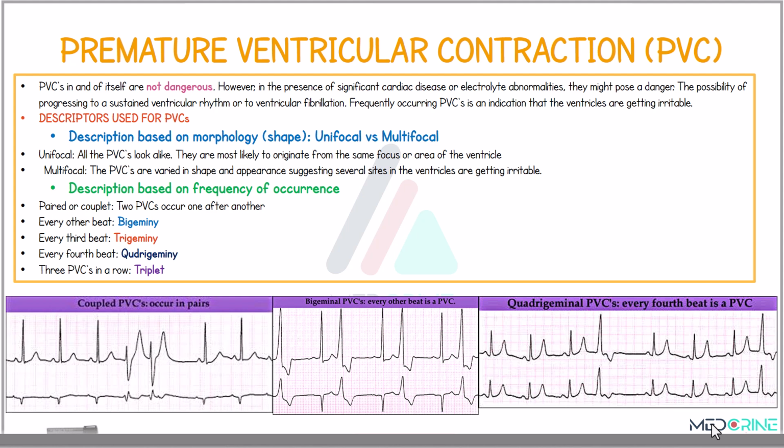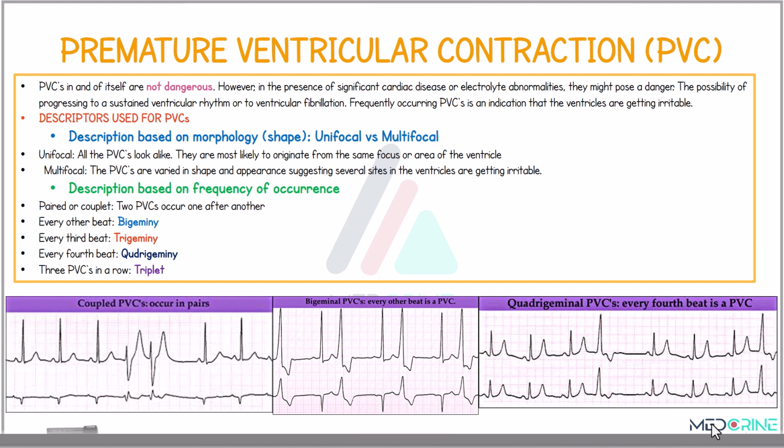If it occurs after every third beat on an electrocardiogram, we call it trigeminy. And after every fourth beat, it's easier, quadrigeminy. Then lastly, we have three premature ventricular contractions in a row. We call them triplet PVCs.